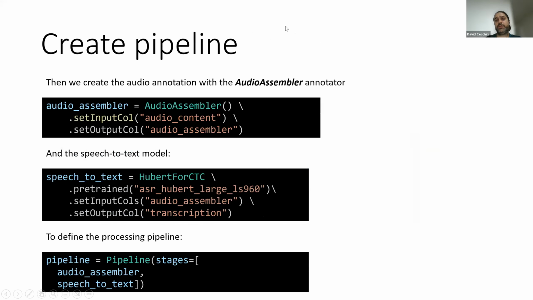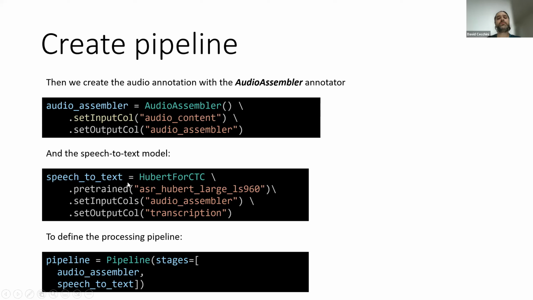And then we can just create the pipeline. The pipeline will have two stages. The first is the audio assembler, which will get this list of float numbers and create an audio type annotation. This annotation will have this list of float numbers, but it will also have some extra metadata.